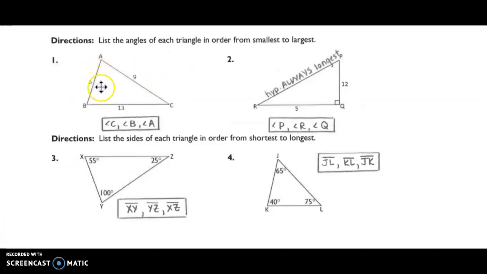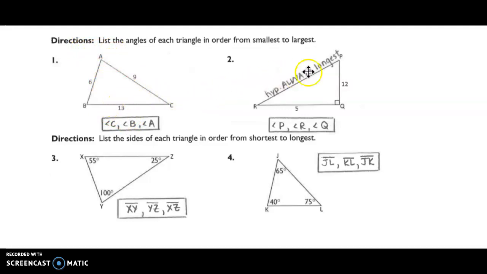Like in example one, it says list the angles in order from smallest to largest, and in number one, you are given the side lengths. And so the smallest angle is going to be angle C because it's across from the shortest side, 6. And then comes angle B because 9 is in between 6 and 13. And then angle A is the largest angle because it's opposite from the longest side.